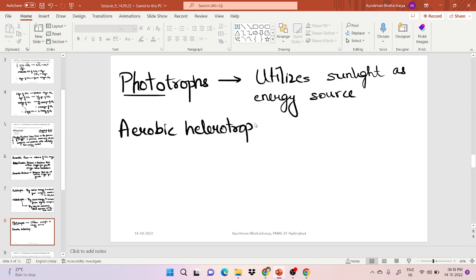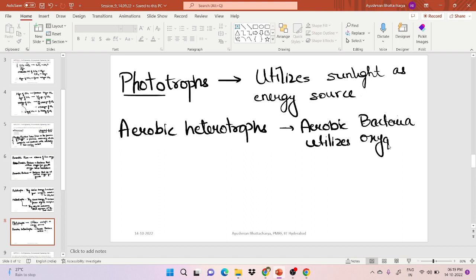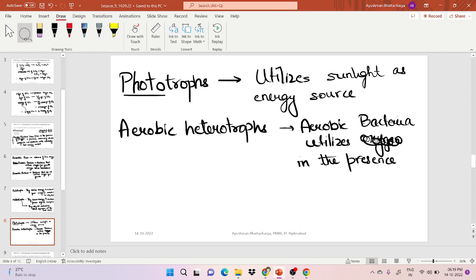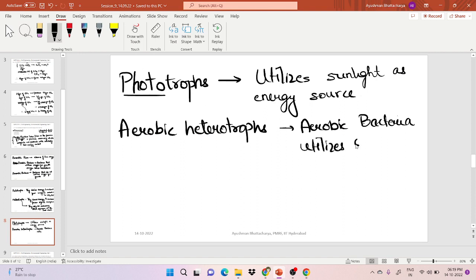So aerobic heterotrophs means aerobic bacteria which utilize organics, or organic matter, in the presence of oxygen.